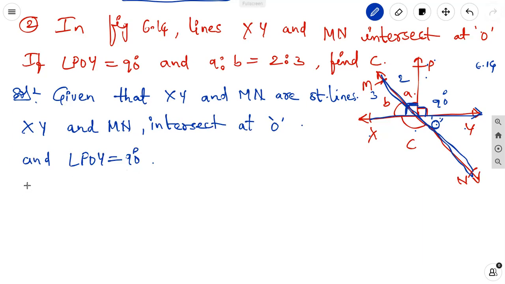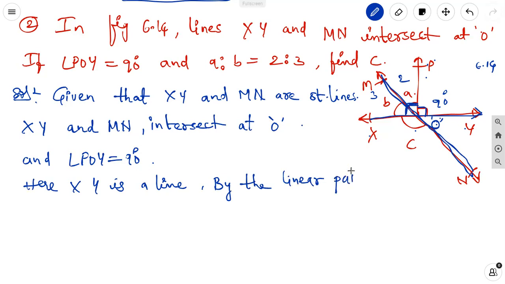Here XY is a line, so by the linear pair relation, angle XOP plus angle POY is equal to 180 degrees.